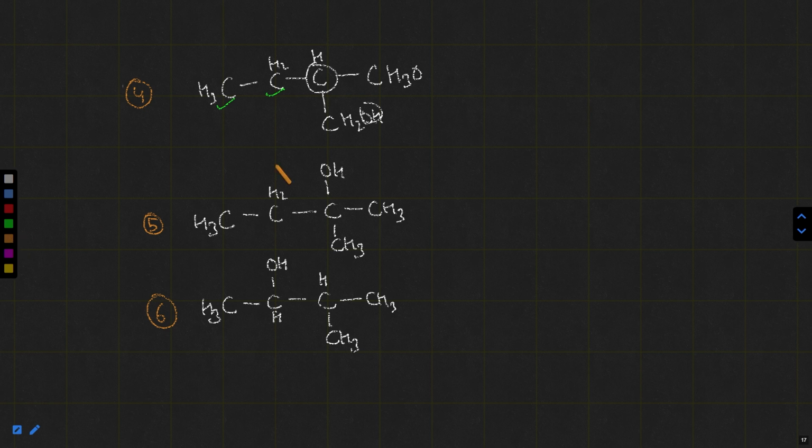And one more structure that is possible is this one. CH2, CH, CH3 and CH3. So from this skeletal structure, these four are possible.